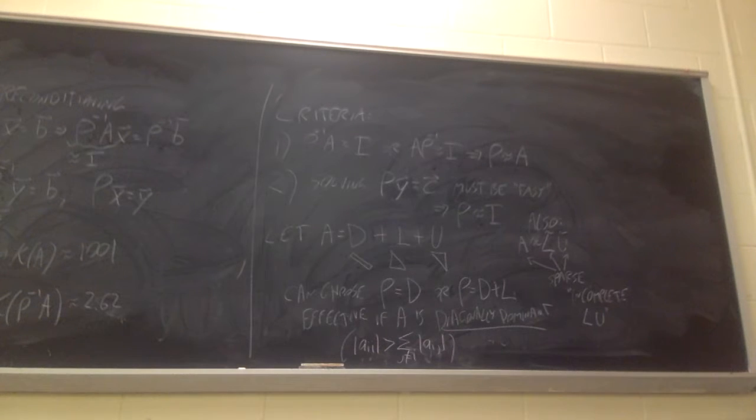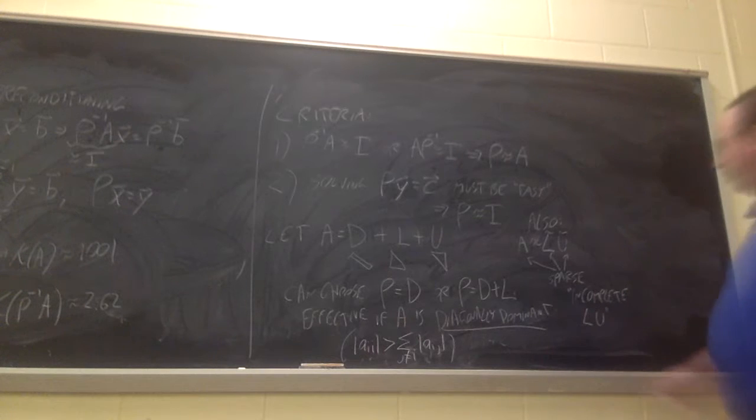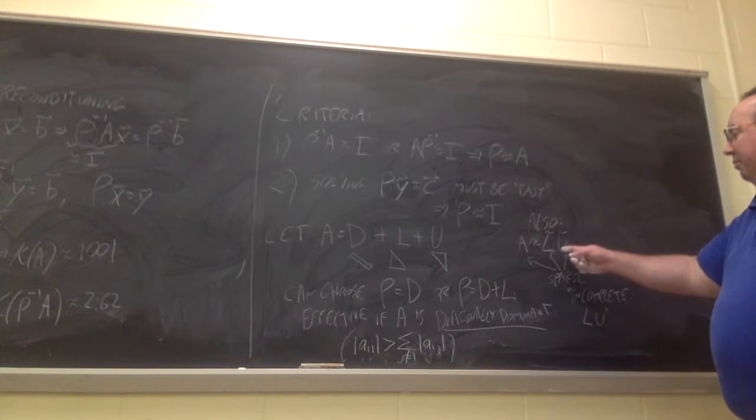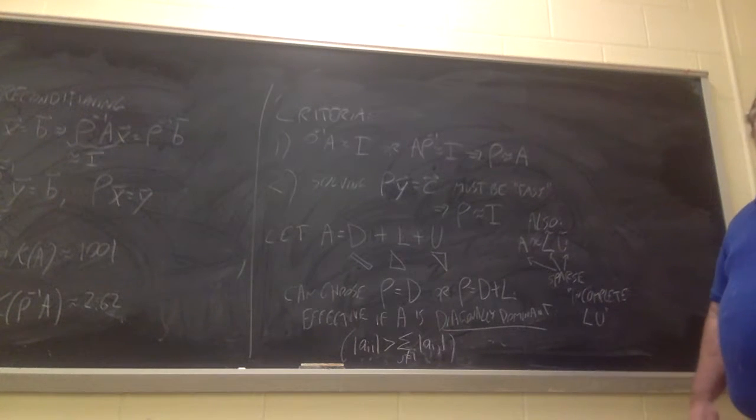You treat them as 0. So that's something that would have the effect of making these factors artificially sparse. But if you're neglecting small entries, then these should still be a decent approximation of a true LU factors. So this idea of an incomplete LU factorization could still give a viable preconditioner.